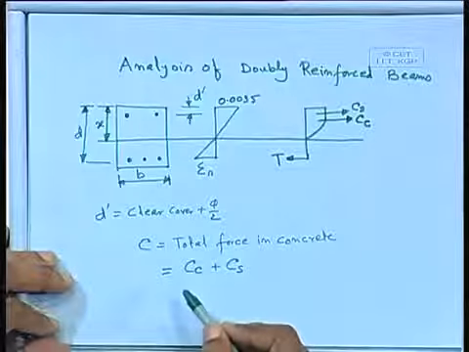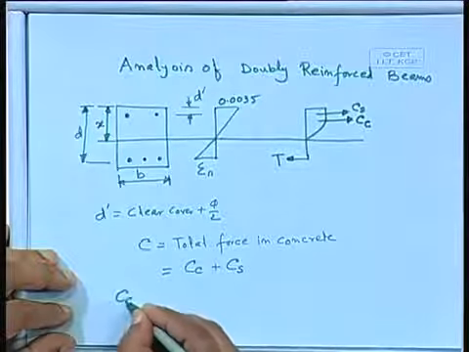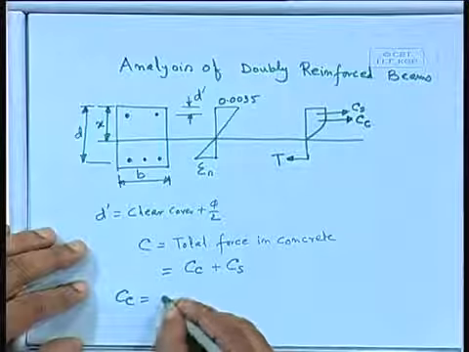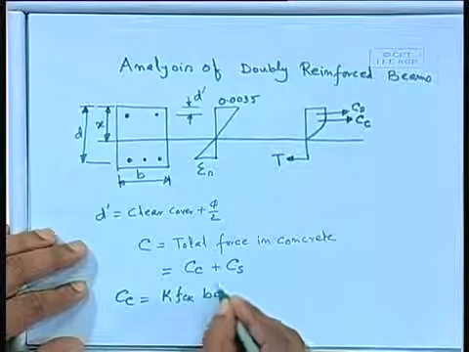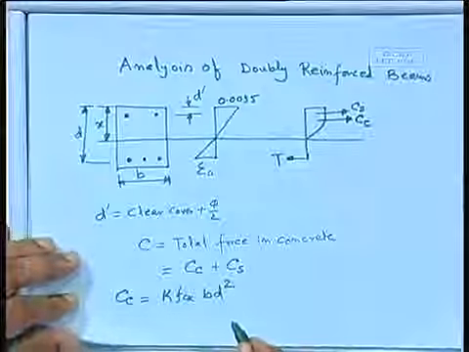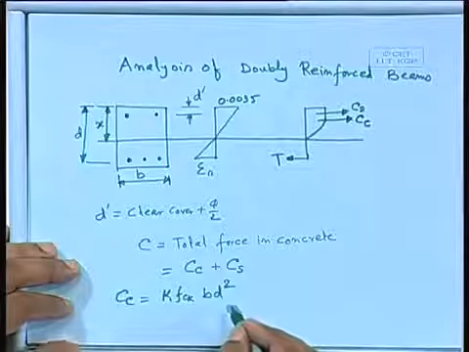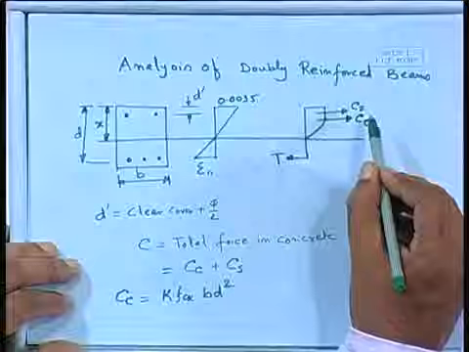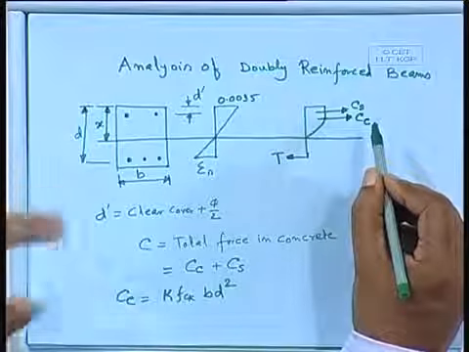Cc we can get due to concrete failure: Cc equals K times fck b d square. Please check the previous class note. K is 0.138 fck b d square if it is Fe415. And the Cs is nothing but the stress in steel multiplied by the area of steel in that zone.